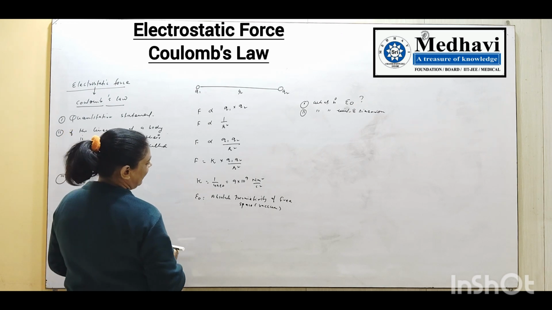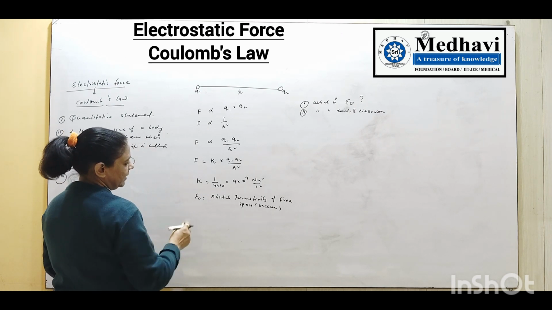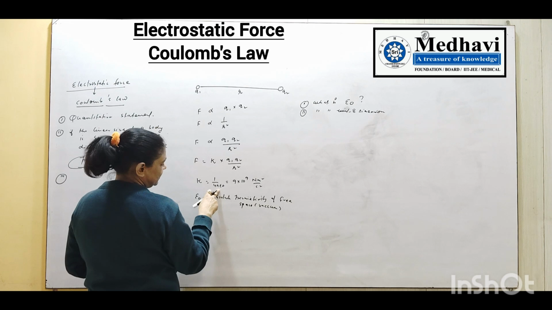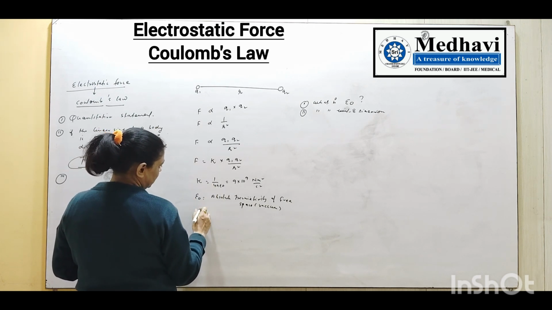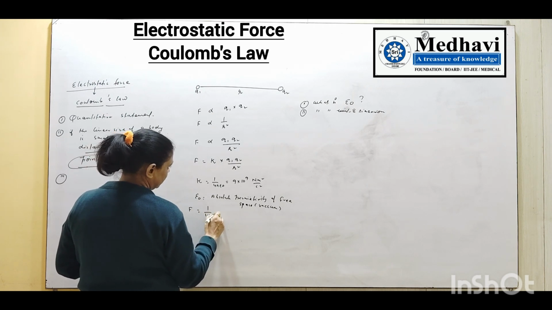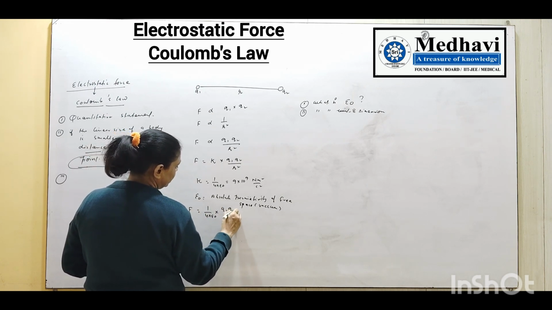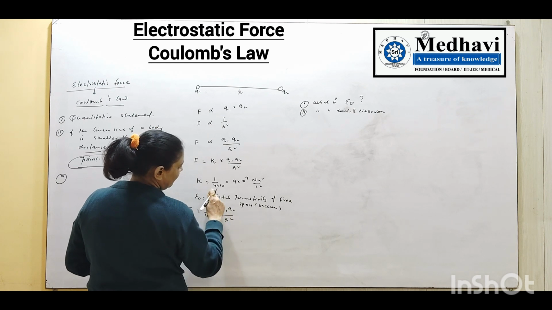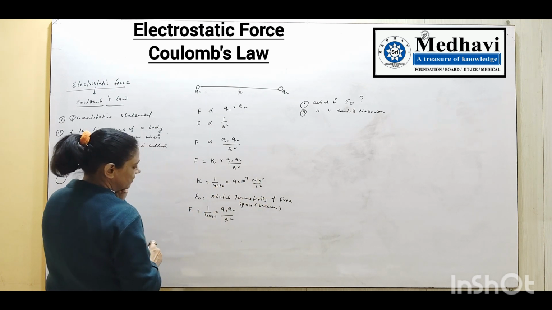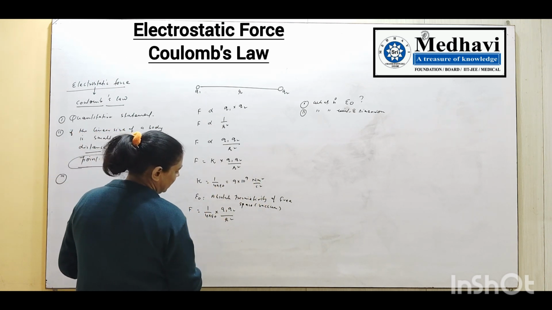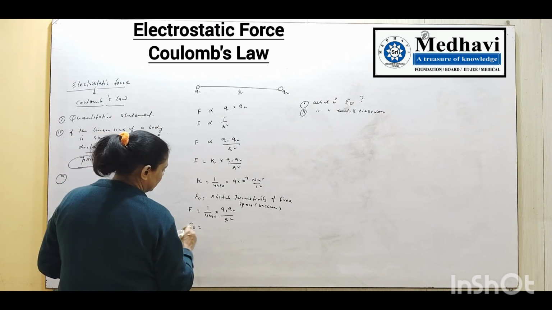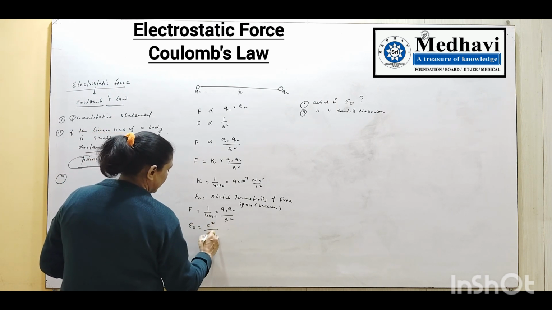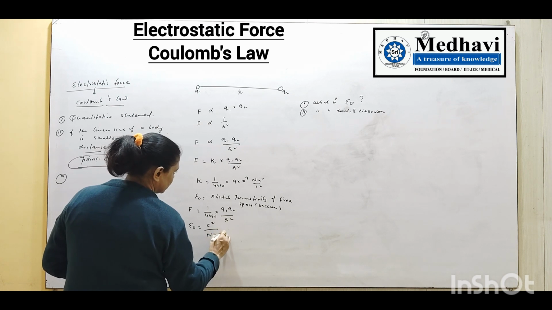Its unit you can find here. K is equal to 1 by 4 pi epsilon naught. So here you can write F equals 1 by 4 pi epsilon naught Q1 Q2 by R square. Directly from here also you can find, but I will use this formula. 4 pi has no importance. So epsilon naught is equal to Coulomb square per Newton meter square.